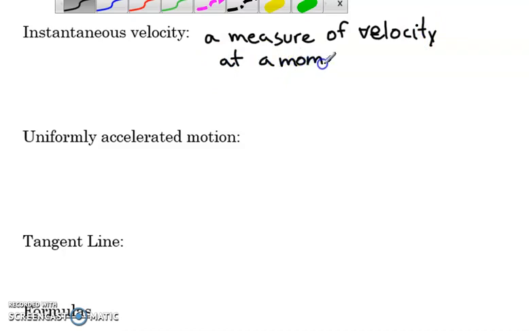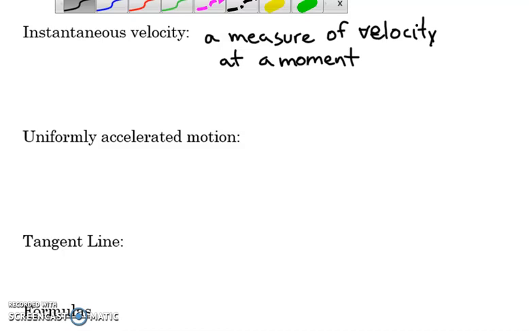Let's say we're starting at rest and speeding up, and the car is going faster and faster, and they ask what speed it was going at this precise time. We may have started at rest and been going up to, let's say, 60 kilometers per hour, but 3 seconds in, it may have only been at 15 kilometers per hour, and that is an instantaneous velocity. It's a snapshot in time.